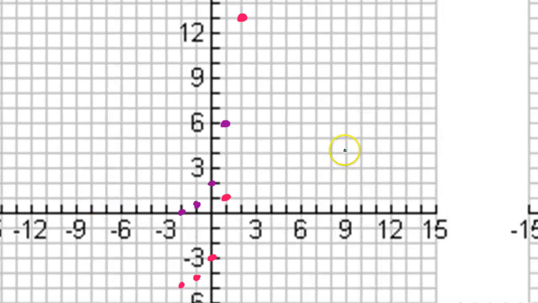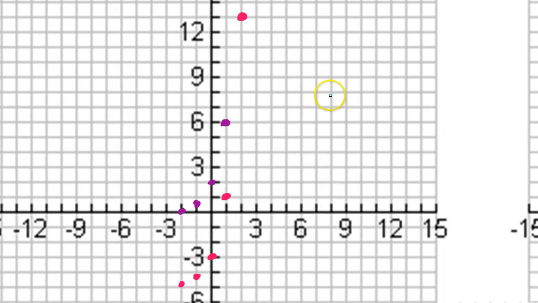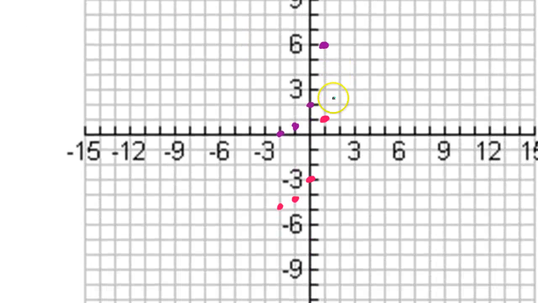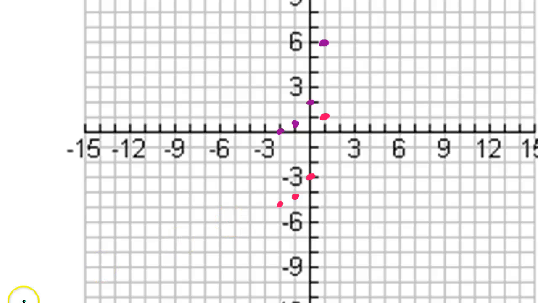So these are the points that we have to actually graph. It will help if we know where the asymptote is. And of course the asymptote was at 0, but we moved it down 5. So this negative 5 will be the asymptote. Okay, so let's go ahead and draw that. Draw your asymptote as a dotted line at negative 5. So there's your asymptote.